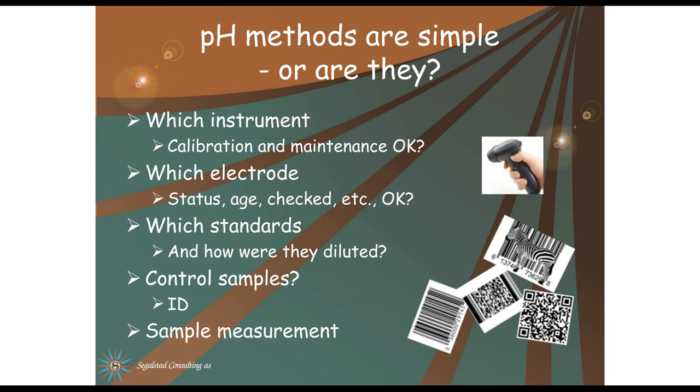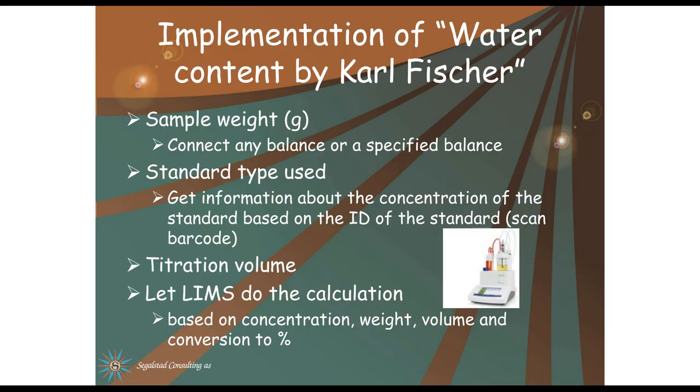Which electrode was used, status, age, checked, etc. Was it okay? Which standards were used, and if they were diluted, how were they diluted? Did we use control samples? Well, then we need to make a note of those as well. And then we can do the sample measurements. So pH methods are not simple if you want to talk about data integrity.